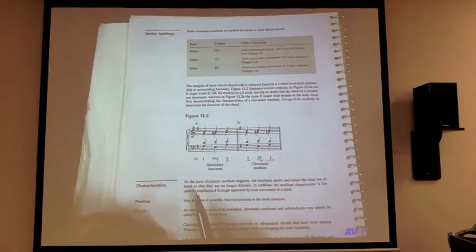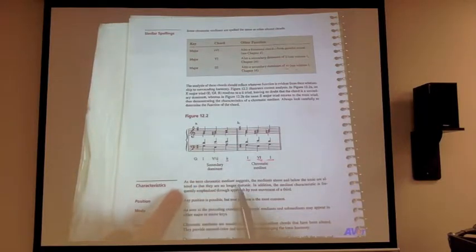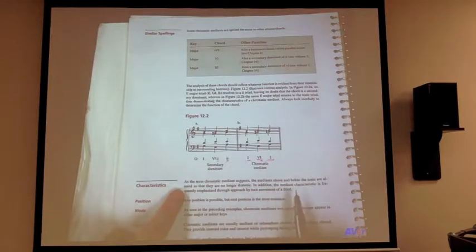All right. So as the term chromatic mediant suggests, mediants above and below the tonic are altered so that they are no longer diatonic. All right? So again, that fifth relationship just means they're either raised or lowered depending on whether they're in a major or minor key. In addition, the mediant characteristic is frequently emphasized through approach by root movement of a third.